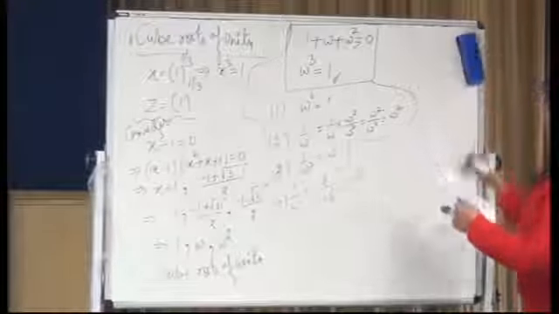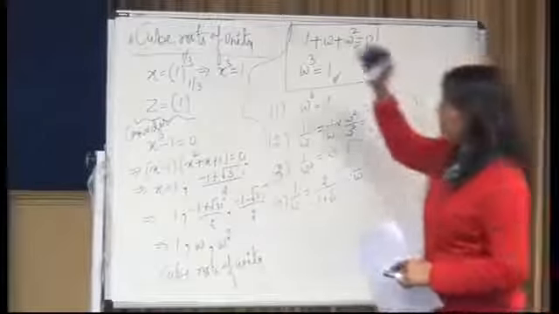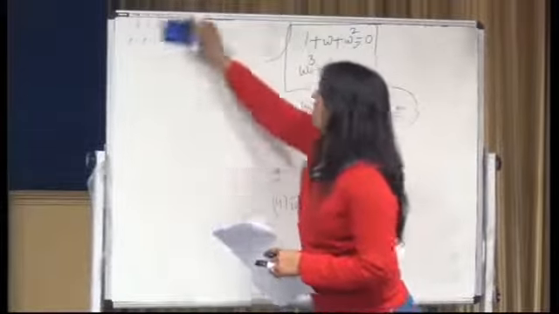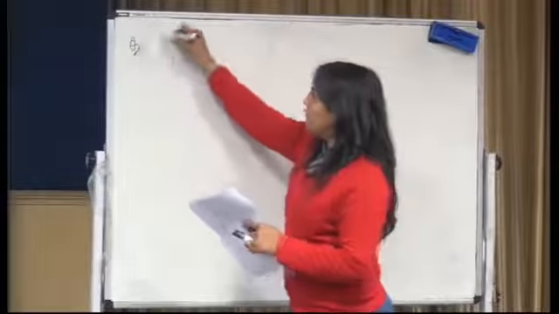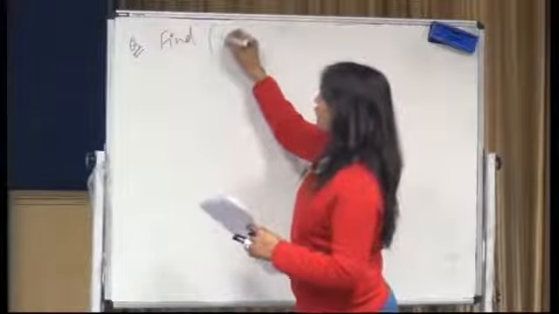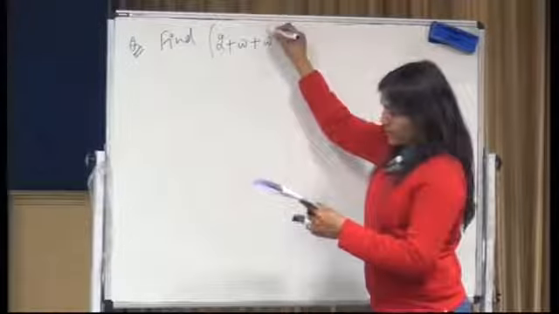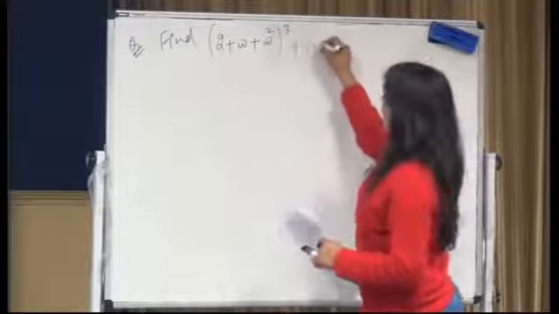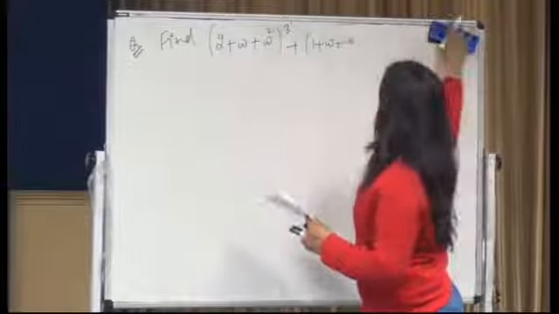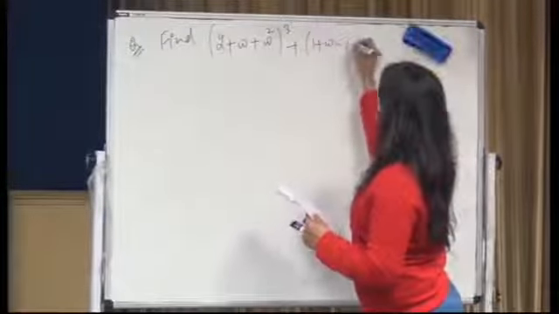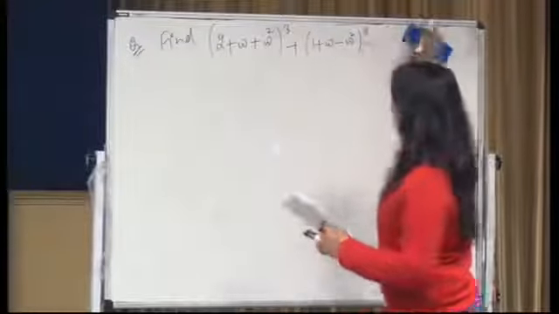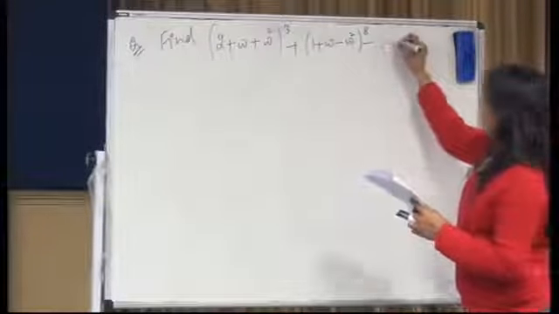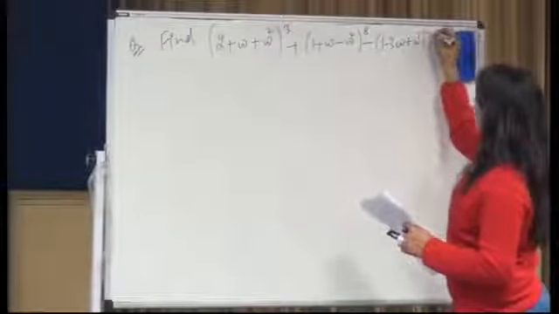Chalo, move on now. The very first question I am taking is, can I rub the board now? Keep the properties in your mind, only then will you be able to solve the questions. So the very first question is: find the value of (2 plus omega square) whole cube, (1 plus omega square) to the power 8, then (1 minus 3 omega plus omega square) to the power 4.